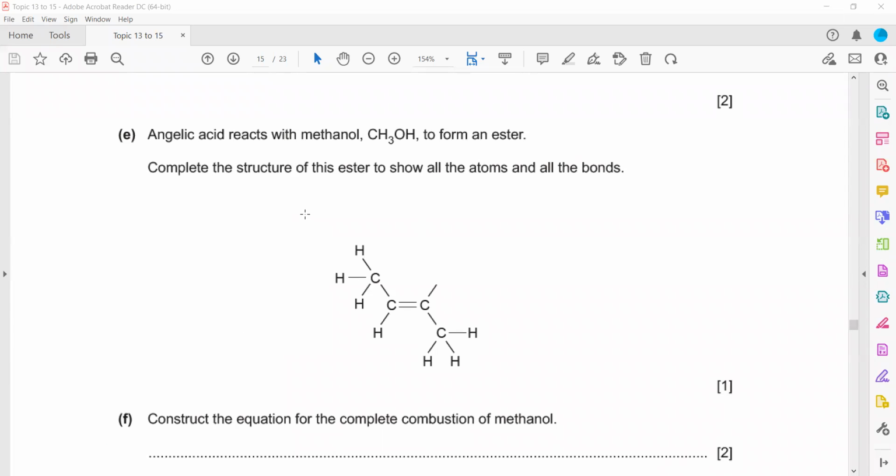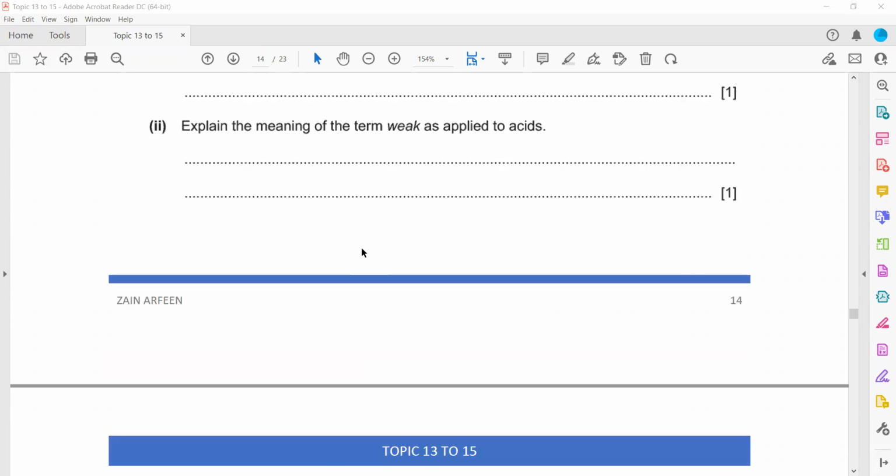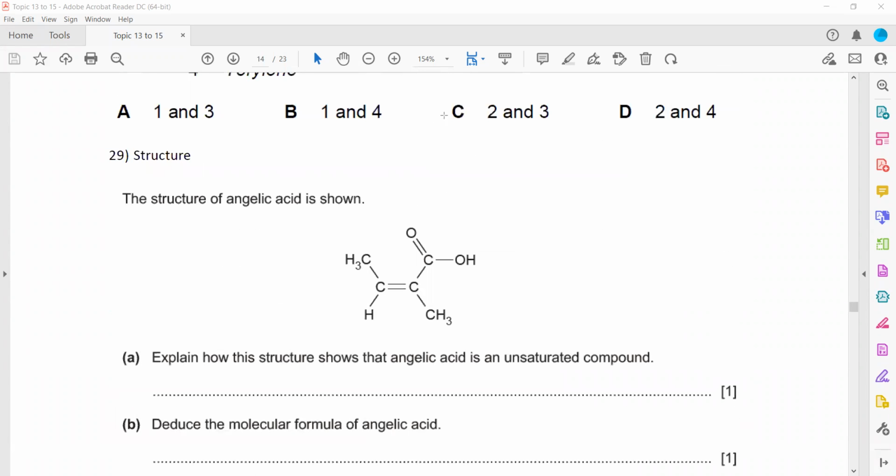Then angelic acid reacts with methanol to form an ester. Complete the structure for this ester, showing all the atoms and all the bonds. Methanol, CH3OH, is there. So this CH3OH, this carbon will take the position of a hydrogen and the hydrogen will come out. As a result, in place of this H, there will be CH3 attached.